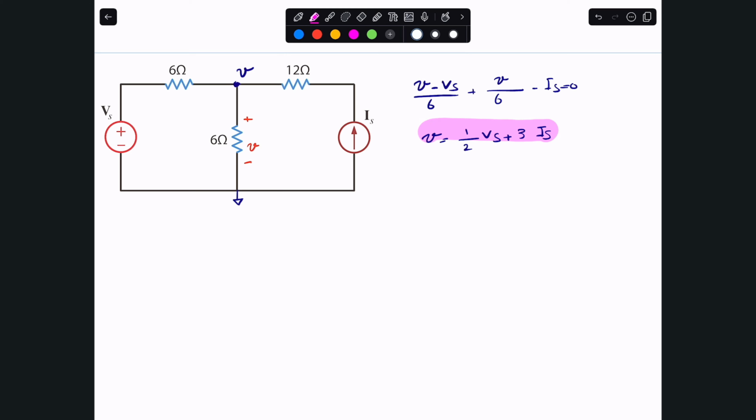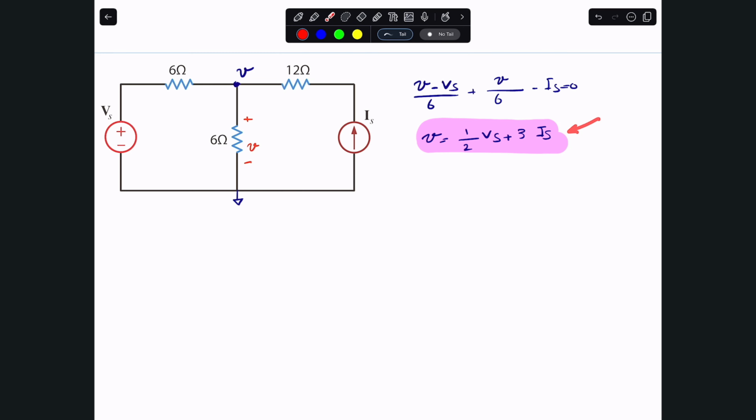This is what I want to focus on now. This equation tells me that the voltage across this particular resistor is simply the result of the contribution of the voltage source and the current source: half of the voltage source and 3 of the IS.